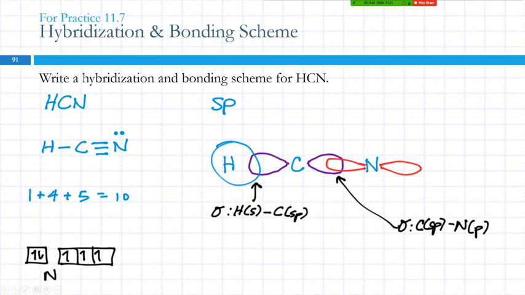The other orbitals that nitrogen has, wrong color, is a p orbital along the z-axis, the y-axis. Let's look here.